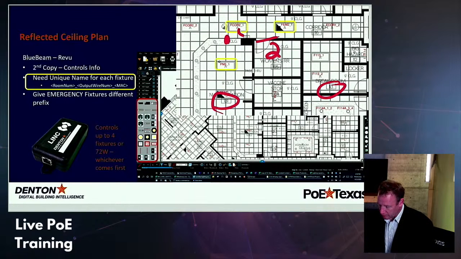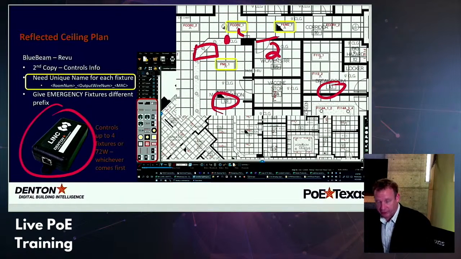So I've got a node that's controlling these 2 fixtures, and I want to know what the MAC address of that is. Each one of these nodes controls up to either 4 fixtures or 72 watts. Maybe 90 if you're closer to the switch, but to be conservative, I usually say 72 watts.